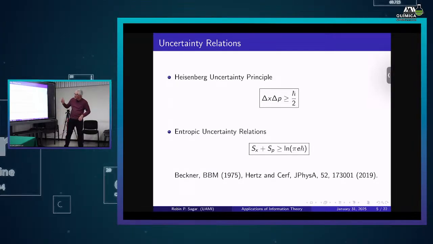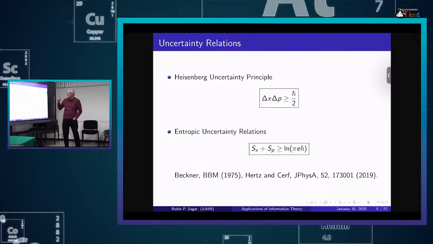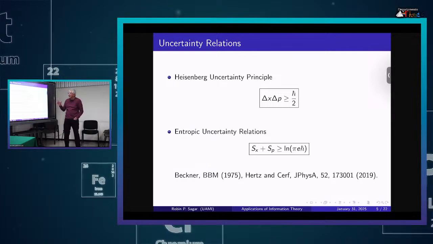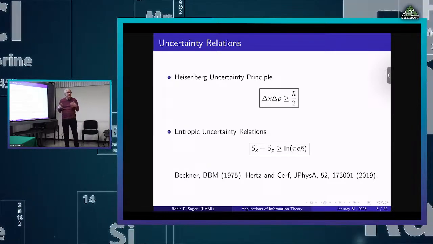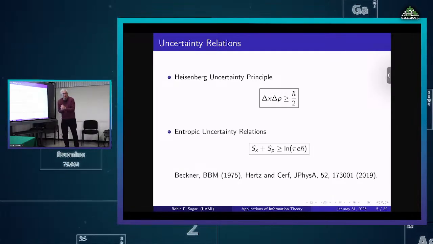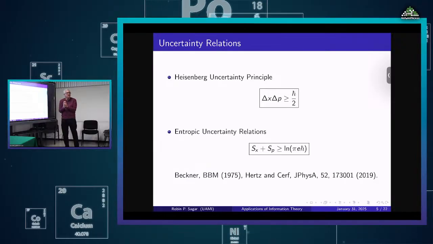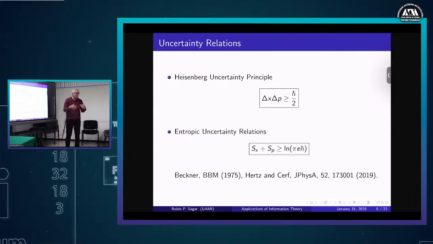Now, what I have in the first box here is the formulation which is due to Kennard and Robertson, and this is the formulation in terms of standard deviations. By using standard deviations, you are in a sense implying that your distributions are normal or Gaussian.